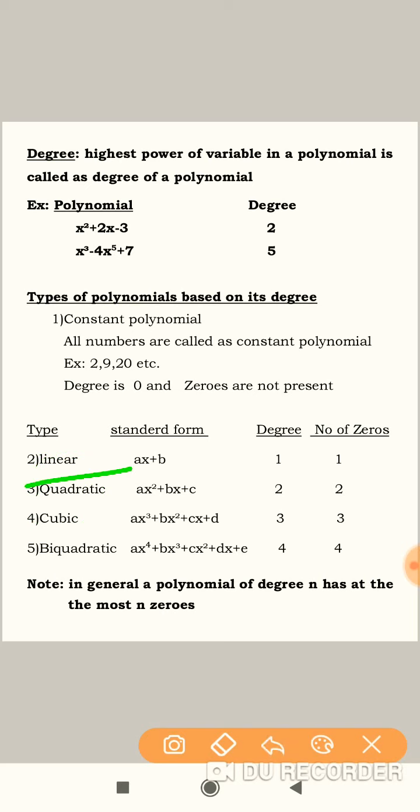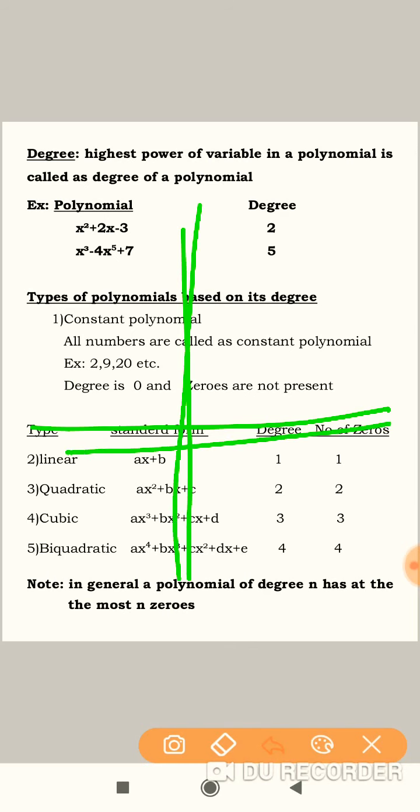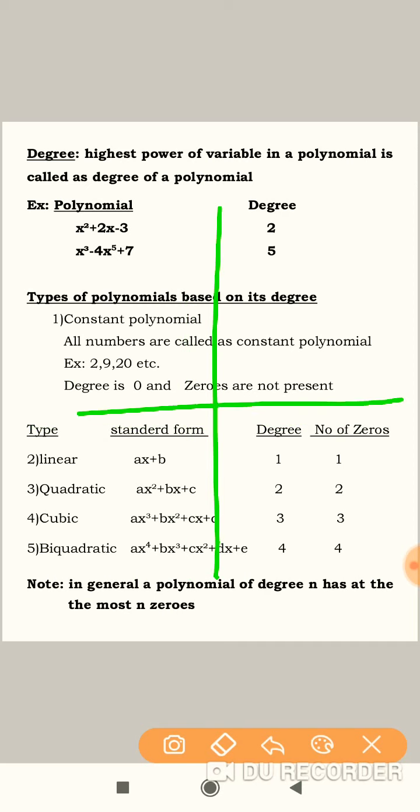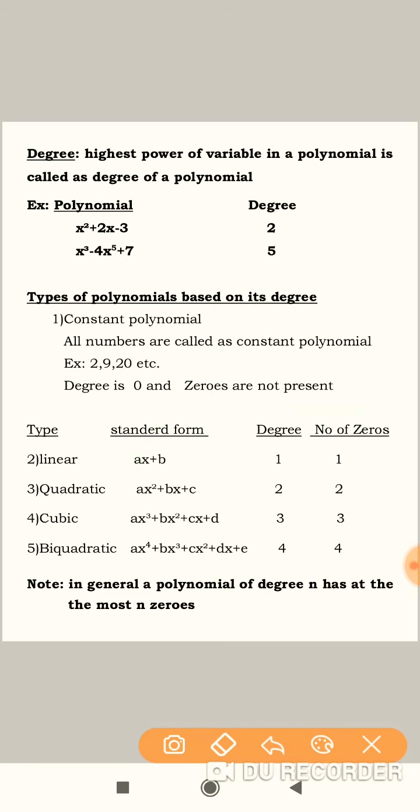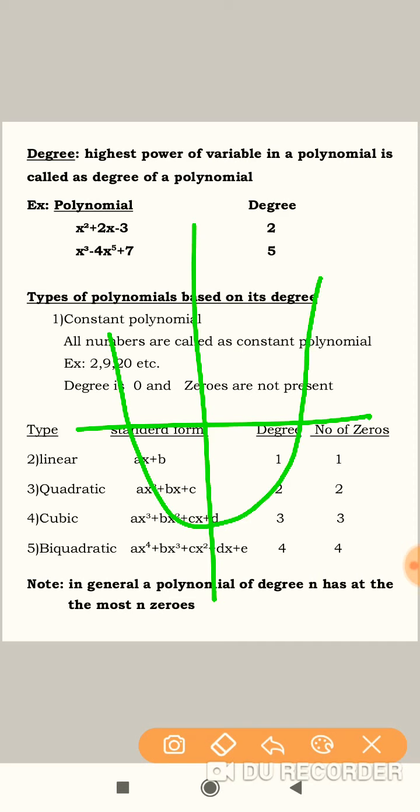For a linear polynomial, in a Cartesian plane with an x-axis and a y-axis, the graph is a straight line. In a quadratic, the graph is a parabola, which has at most 2 points where it intersects the x-axis.